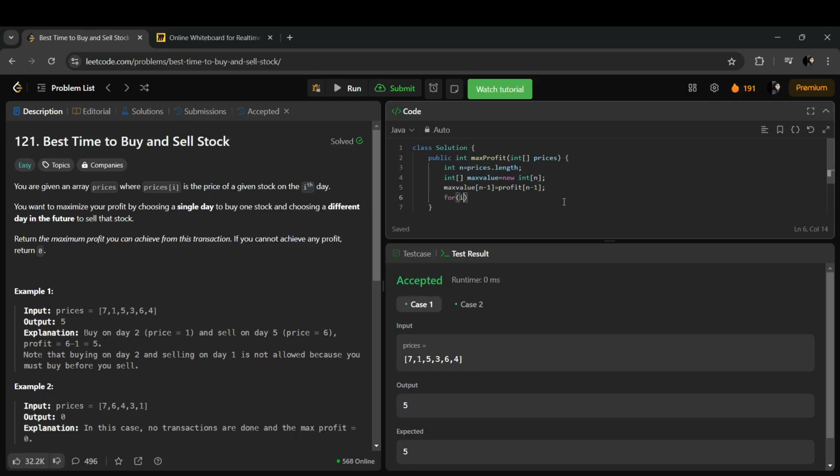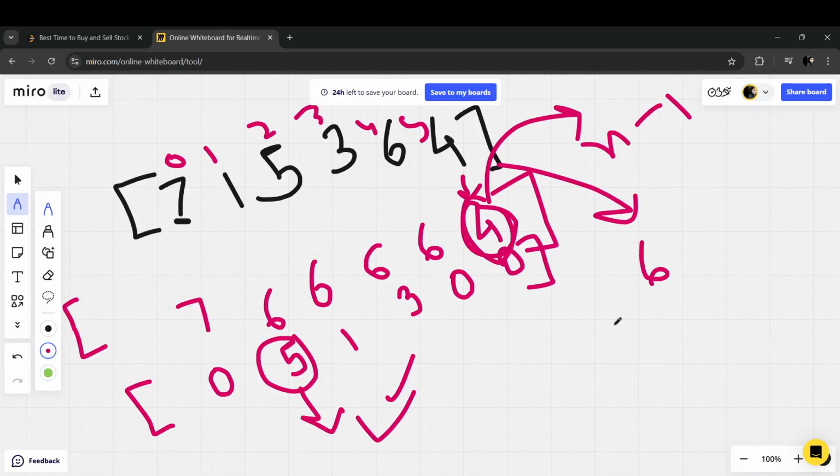Now see, for int i is equal to, sorry, now your i will be starting from here. Basically you have to start from this point so that you can get this point.